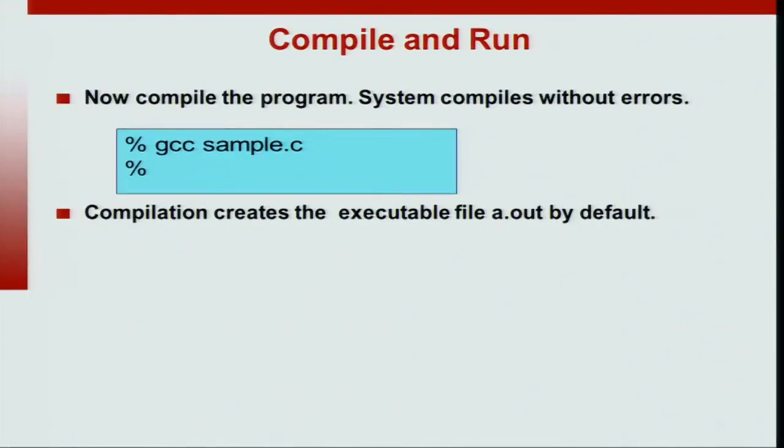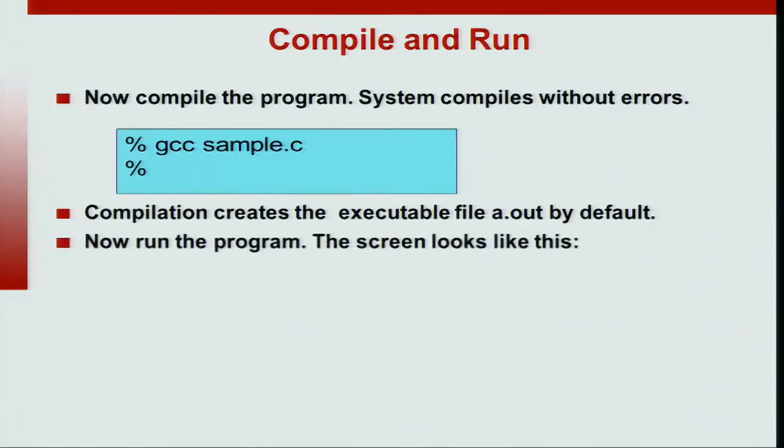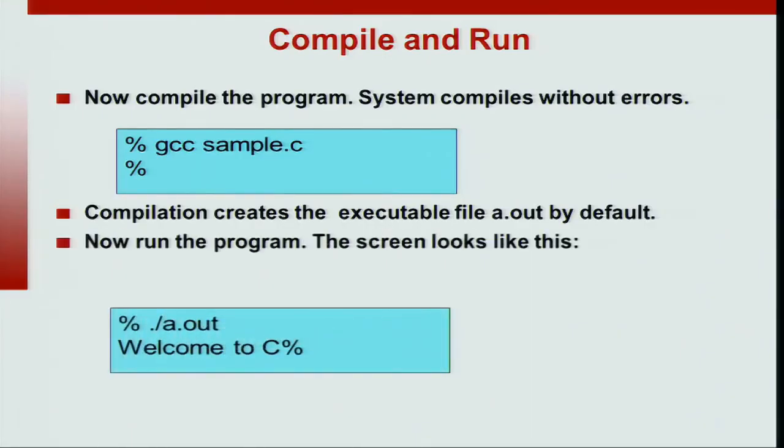Compilation creates an executable a.out, and now you can run the program by typing, and this is important, ./a.out. So the syntax is important. What you type is ./a.out, and then when you run the program, it will say "welcome to C", because that is what the program is supposed to do.